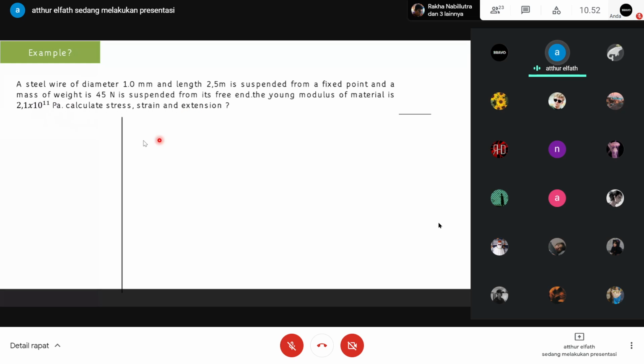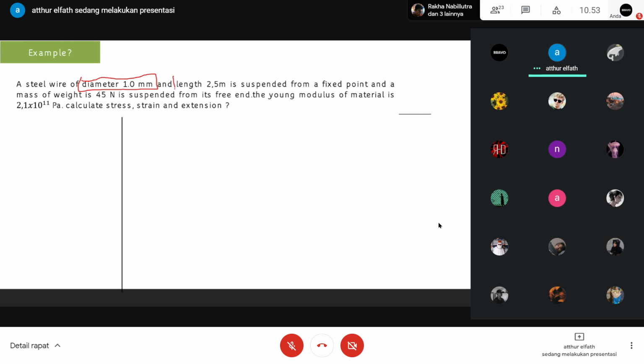Before you try to calculate, you have to analyze what information we obtained from these questions. Firstly, we know the diameter of the wire, 1 millimeter. Remember that you have to convert the units first before you do your calculation.